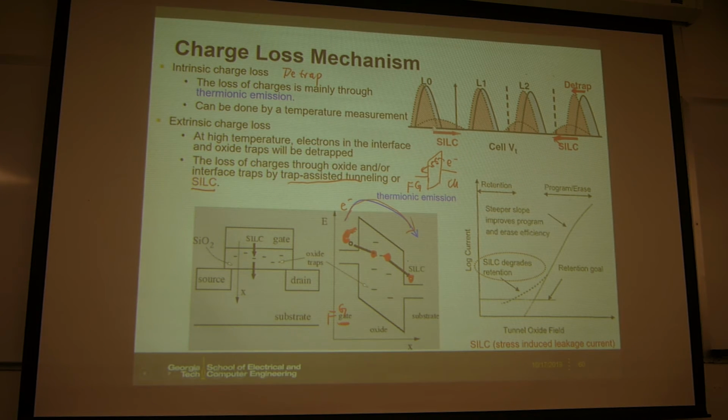So this is a change to the distribution of the threshold voltage for different states. This happens over time. Okay, that's why this is called a data retention problem.